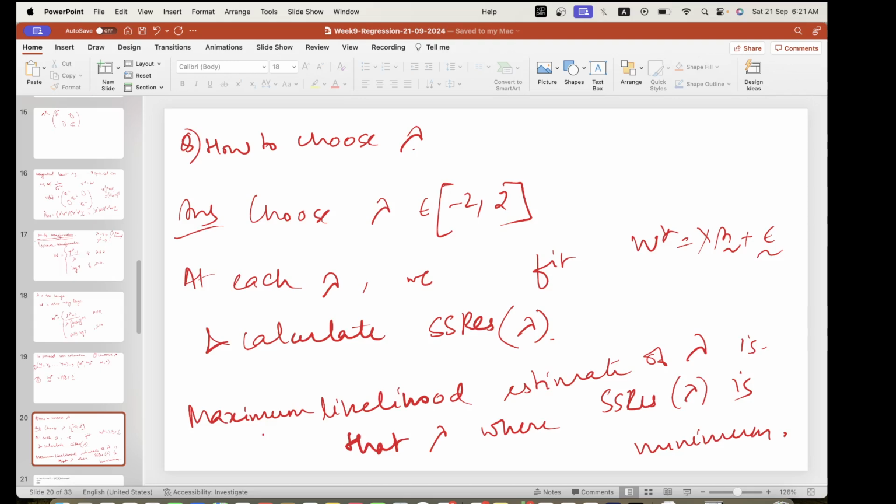Okay, and we try to select a suitable value of lambda by iterating over a range of lambda and choosing that transformed model which gives us the minimum SS residual value. Okay, so these were a few things that we learned during week 9 lectures.